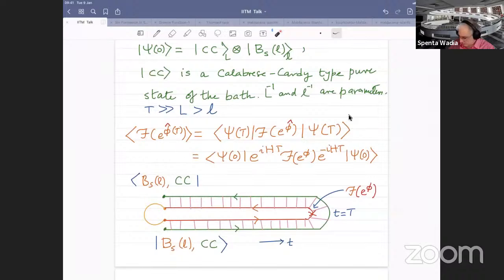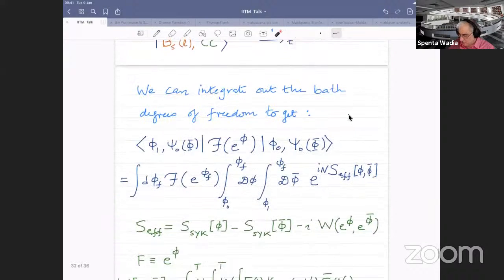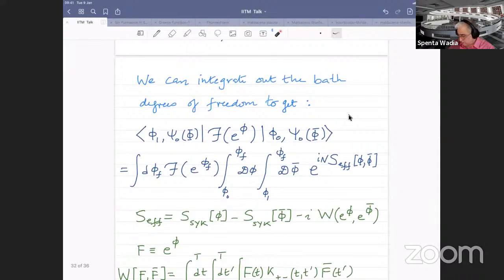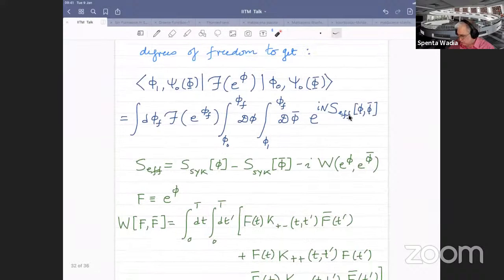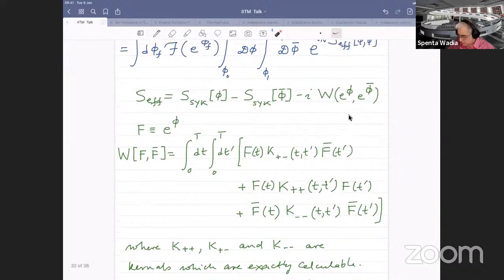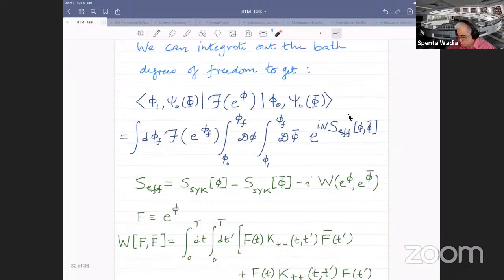That's the key question. So we set up this whole formalism to do that, and ultimately you arrive at a Keldysh type of effective action, which is given over here. I've just described this Keldysh type of effective action because there are two contours, so you have two fields.